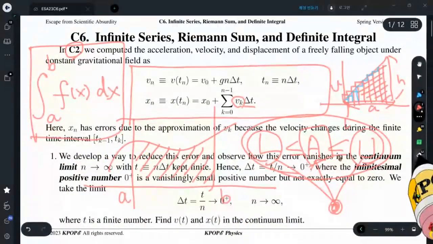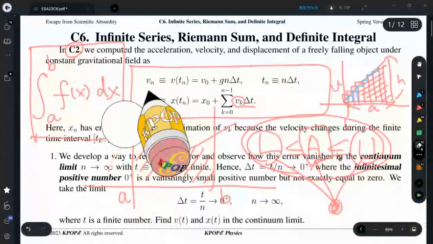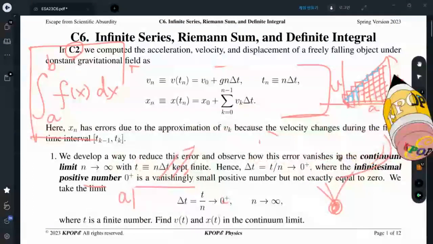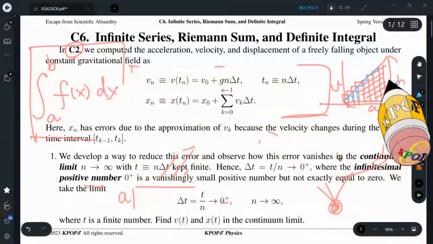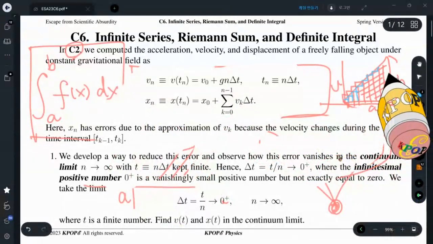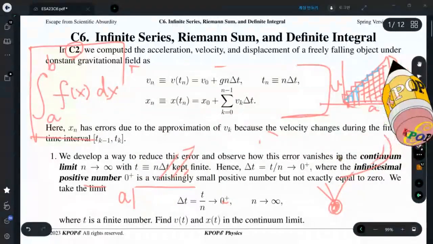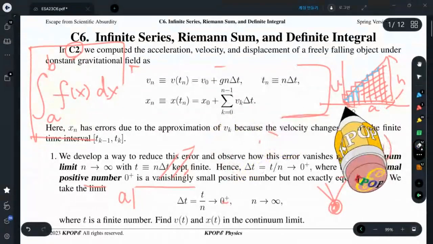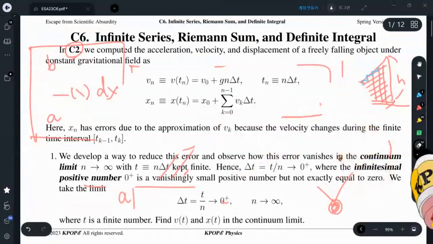So to arrive at that single value, what we have done is we have sliced this into many pieces, and we look at the behavior of the error, whether it diverges or just disappears in the limit as n goes to infinity, and this width approaches 0.